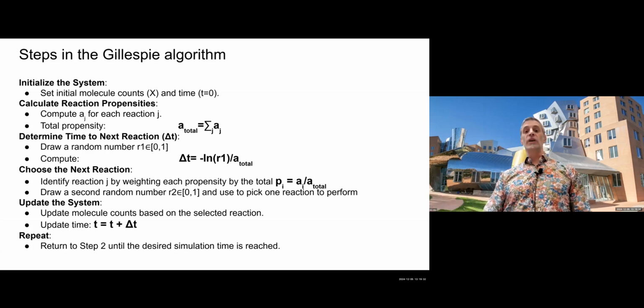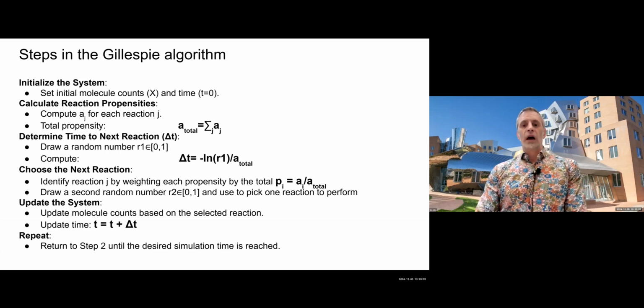So if we simulate a random number between 0 and 1, then if we take the natural log of 1 over that number, that's going to be our waiting time. And we scale that, of course, by the total reaction propensity.